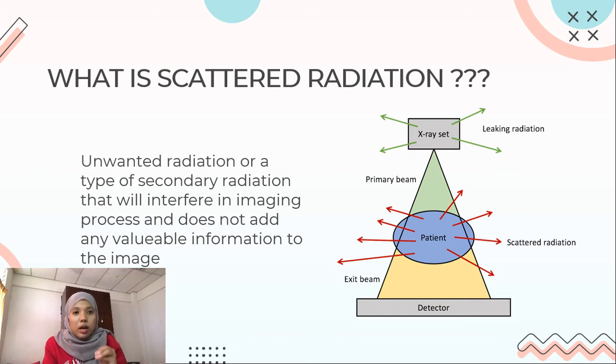So in this case, scattered radiation will interfere with our X-ray examination, and it does not add any valuable information to our image. Besides, scattered radiation gives some problems such as image noise, reduced contrast in our image, and it also makes our image less visible. These problems make it difficult for the doctor and the radiographer to critique the image.